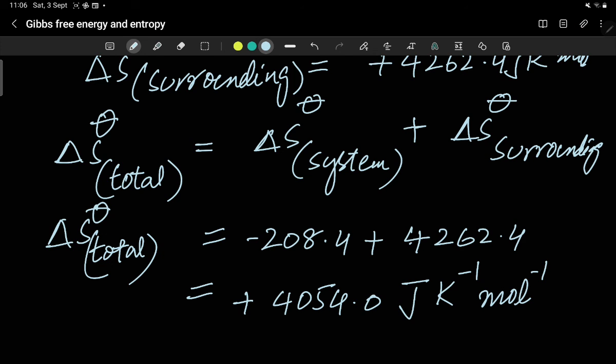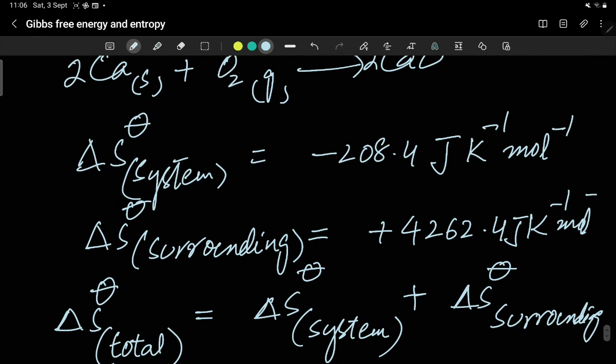Hopefully you understand the calculation as well as the relationship between Gibbs free energy and entropy.